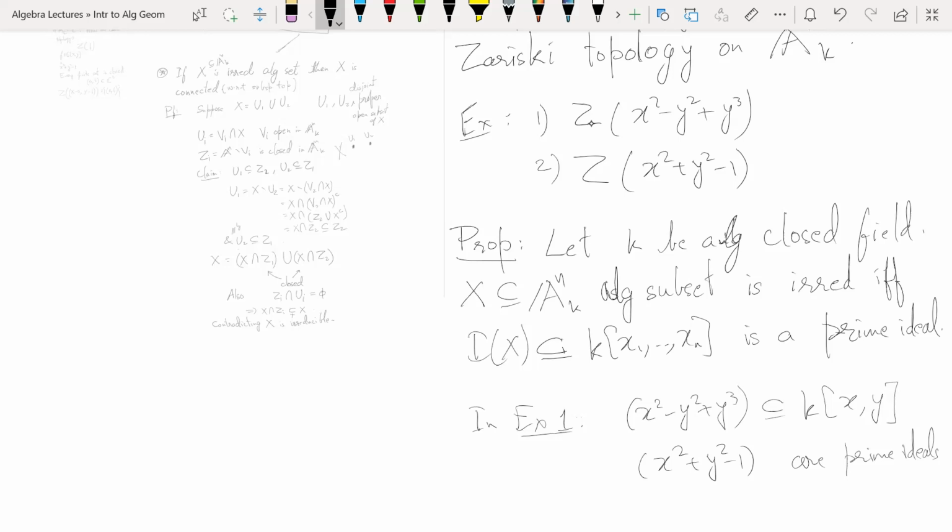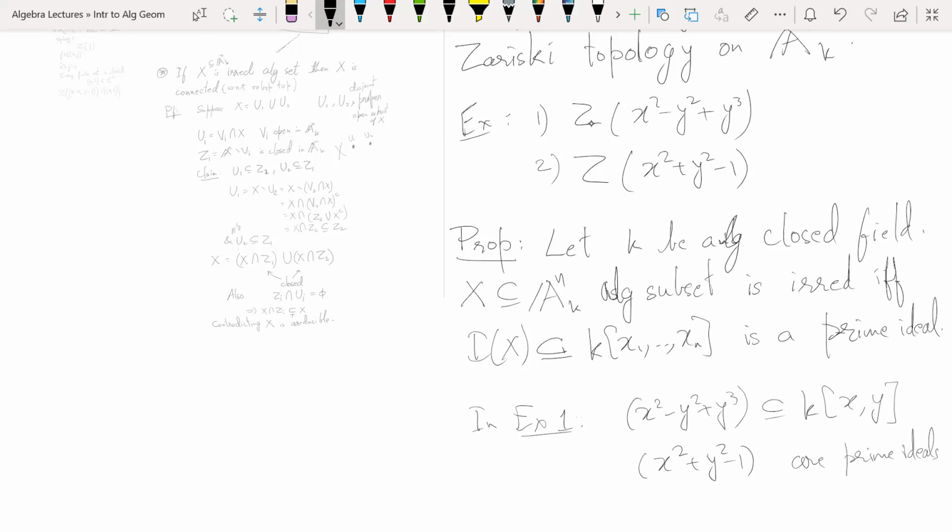So maybe both are equally easy or difficult. So why is the first one irreducible? Or you can check the quotient is a domain. But how do you check the quotient is a domain? The quotient is basically K adjoin the variable t and the square root of t cube minus t square.